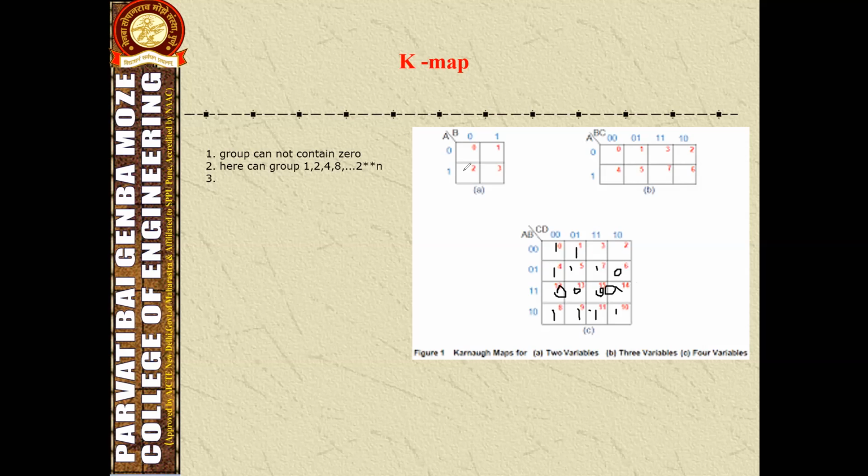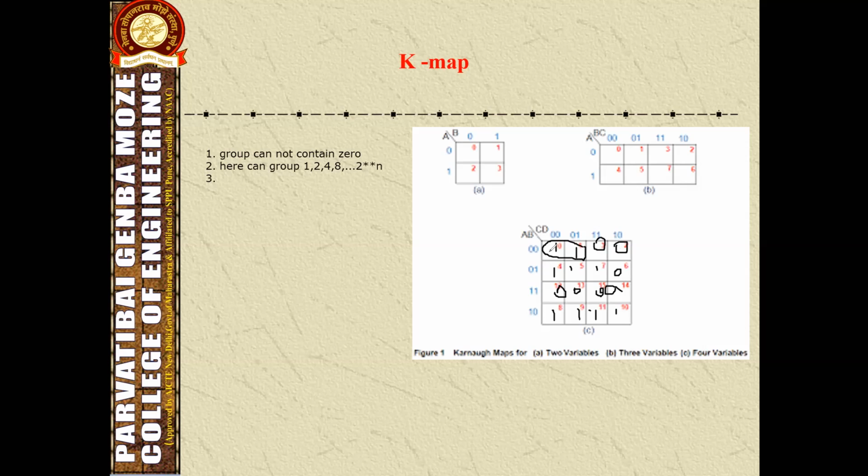In a previous lecture, we have seen when we should use the 2-variable K-map, the 3-variable K-map, and so on. This is an 8-cell K-map, this is a 4-cell K-map, and this is a 16-cell K-map. We saw in the previous lecture when to use which one. In this lecture, we are looking at how we can group the ones. We group the ones with the ones in neighbor cells, so the 0 should not be included in these groups.